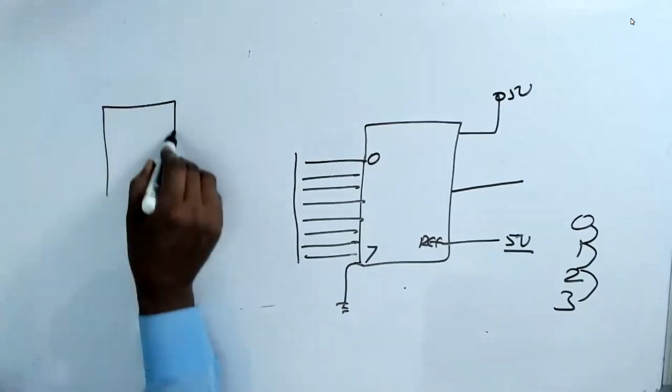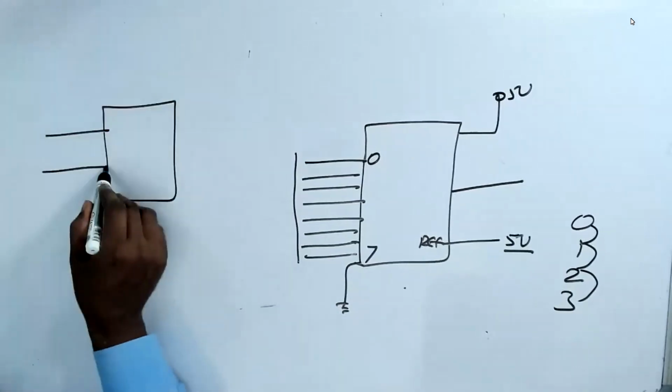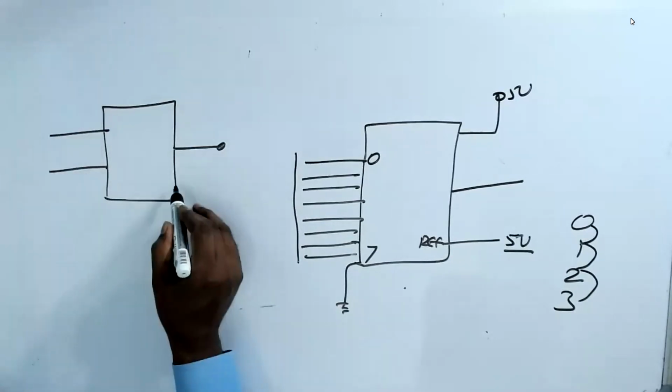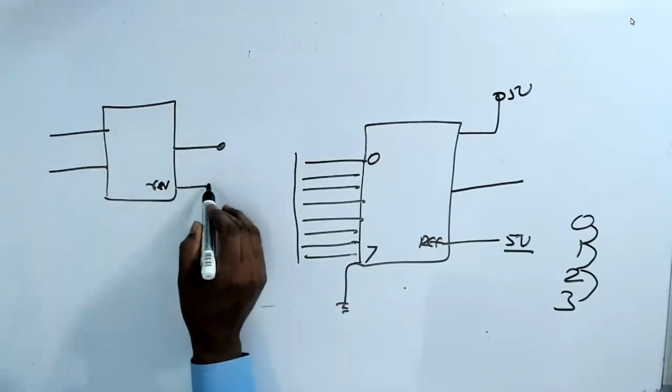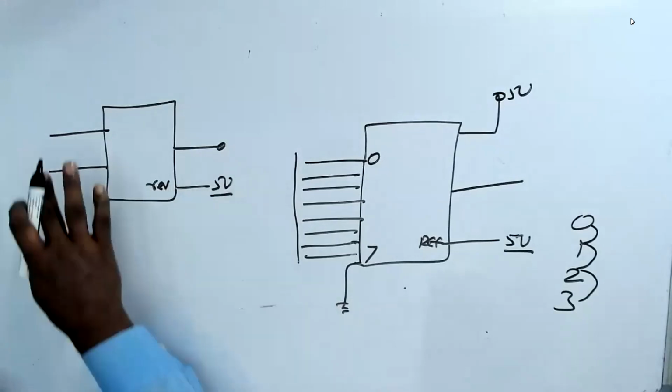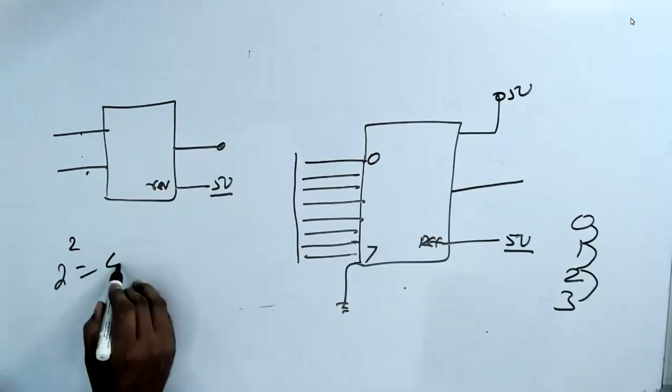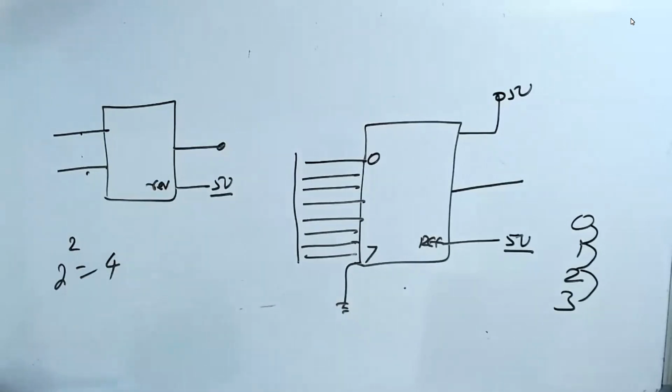Now I have 2 wires and one output. Assuming I apply a reference voltage of 5 volt, that guy will divide it across 2 wires. 2 power 2 is 4 levels. Understand?